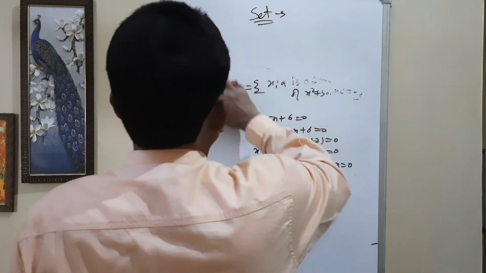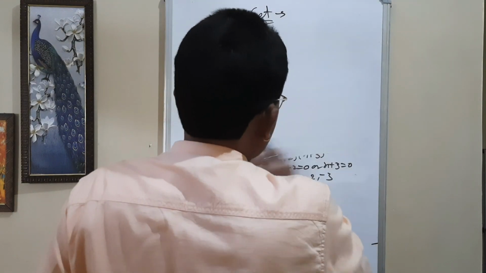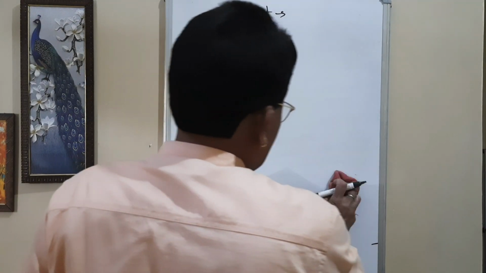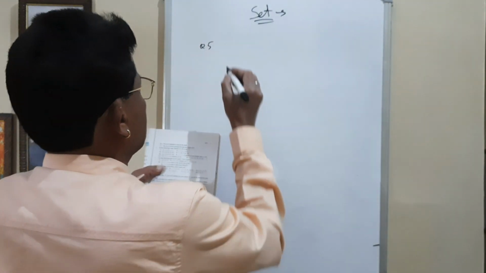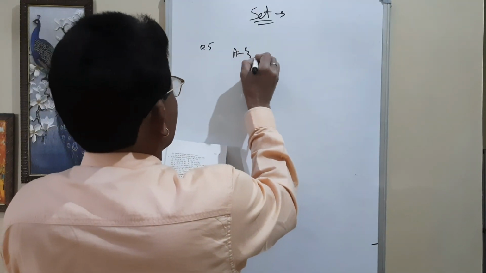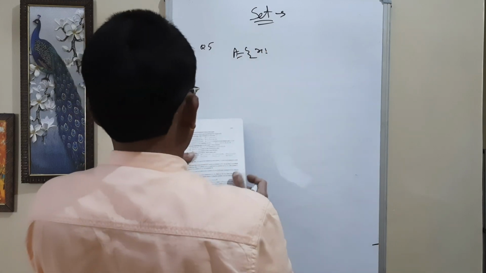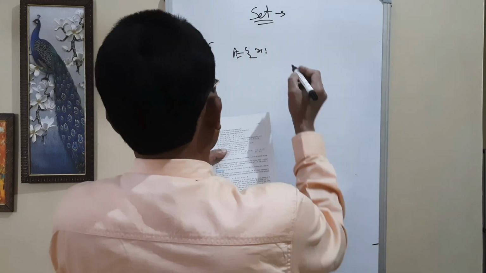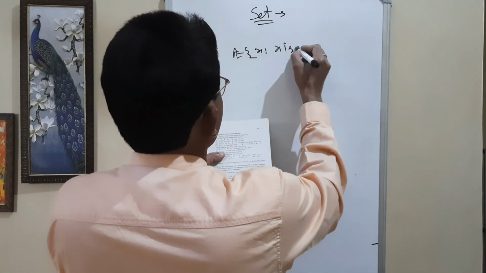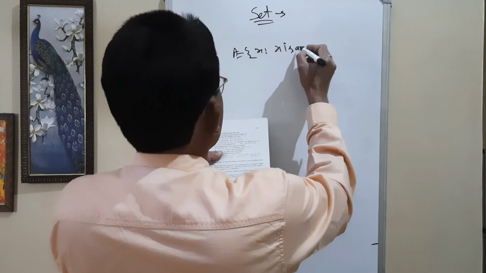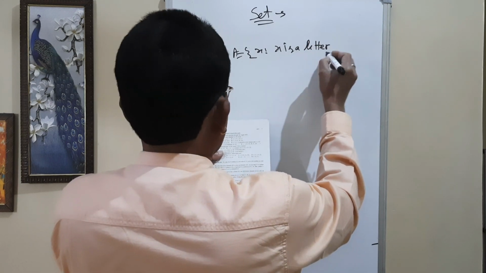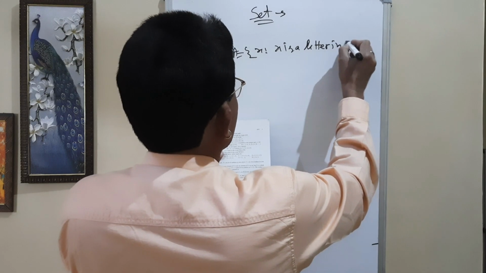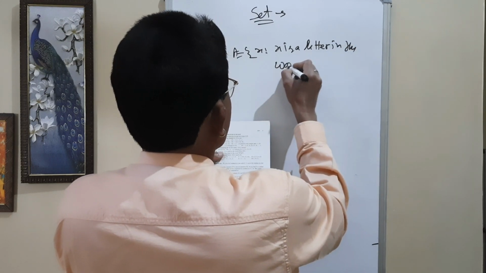Now, second part of it, you see the second part. Carefully you understand, my dear student. I am taking the solution of each and every question so that you will benefit. A. What is given in A? x such that x is a letter in the word.